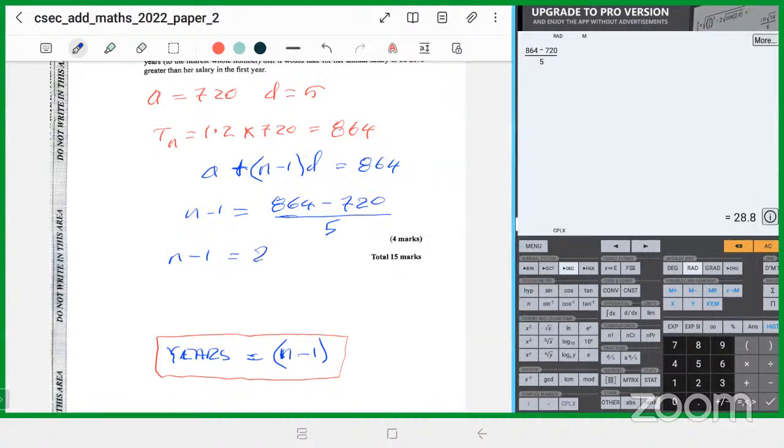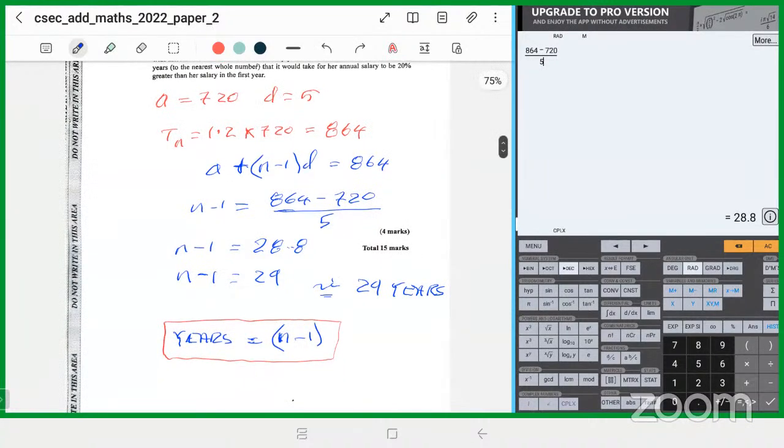That's 28.8, which is approximately 29. That is 29 years, because n minus 1 represents my number of years based on this relationship. So it's 29 years to the nearest whole number.